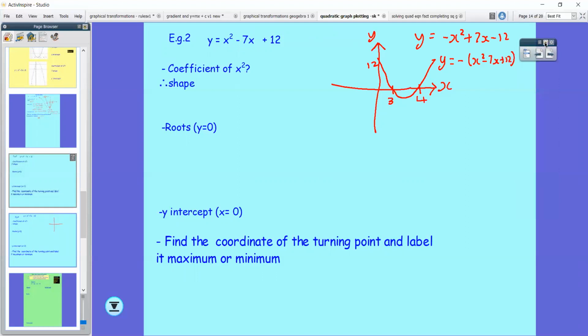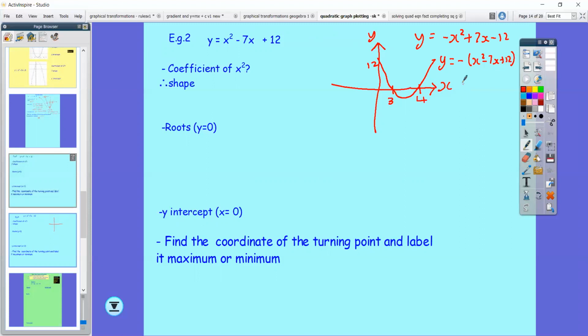Okay, so when they factorize this, you've got 0 is equal to minus, x minus 3, x minus 4. Makes life a lot easier. And then they can see also, oh yeah, of course it's the same. We've got the same factors, except this is negative.